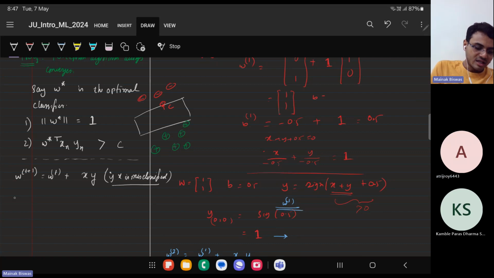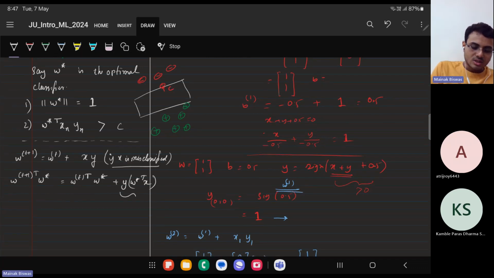Now, if I take W(t+1) transpose W star, and I take W(t) transpose W star plus Y W star transpose X, what will happen to this? Do I know something about this?